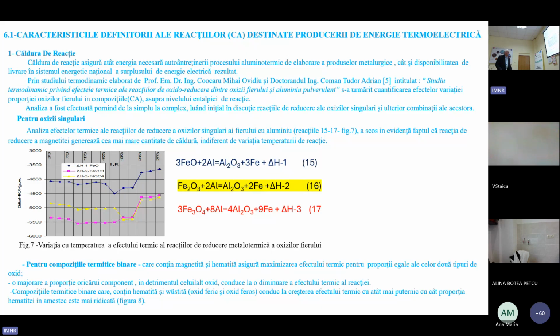O majorare a proporției unui component în detrimentul celuilalt duce la o diminuare a efectului termic al reacției. Compozițiile termitice binare, care conțin hematită și wüstită, conduc la creșterea efectului termic cu atât mai puternic cu cât proporția hematitei în amestec este mai ridicată.